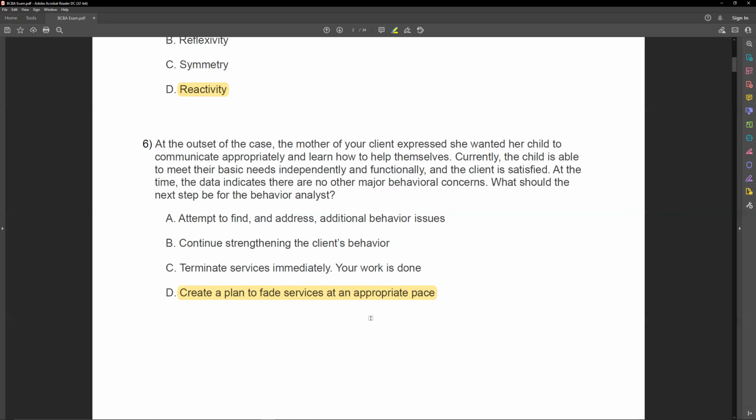We never abandon, okay, and we never seek out meaningless behavior just to continue working, okay? Our goal is to work ourselves out of a job, right? Anyway, go in there, accomplish what we set out to do, transition in a timely and appropriate manner, okay, and then get out.